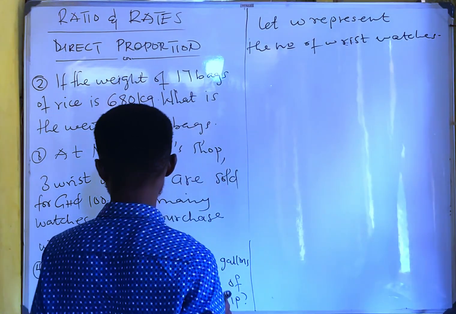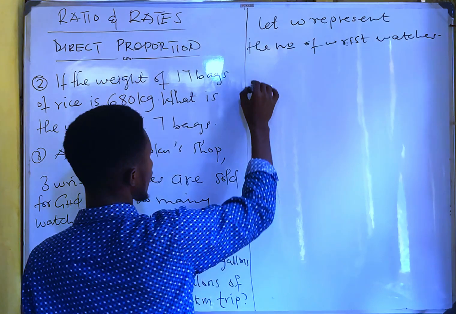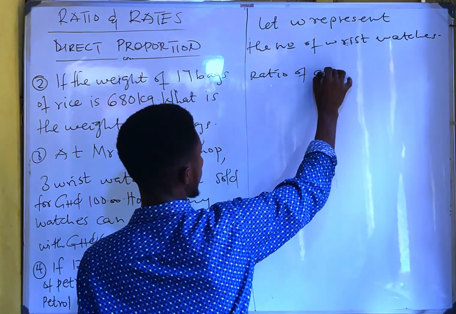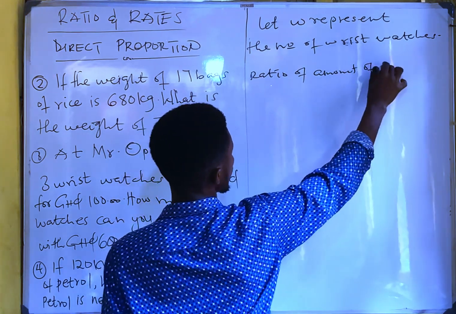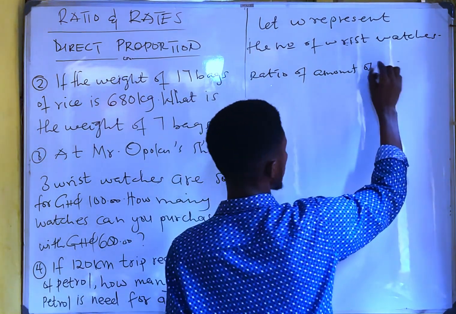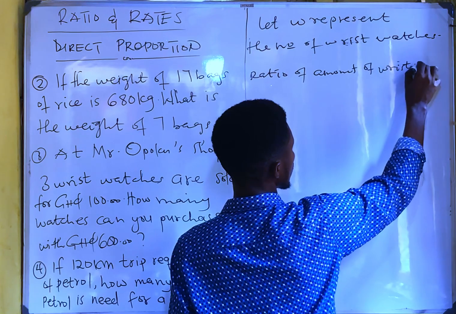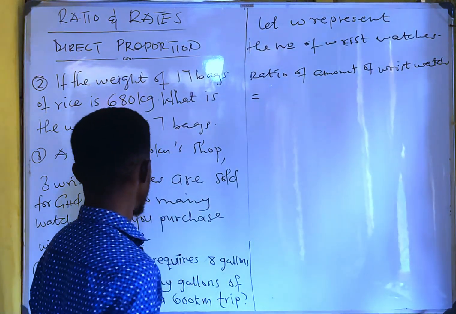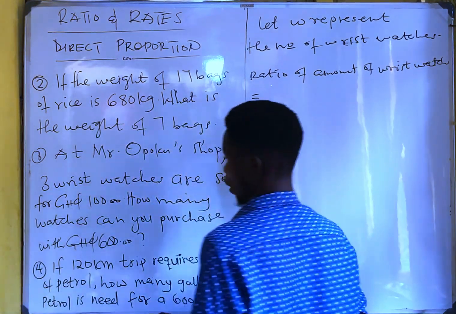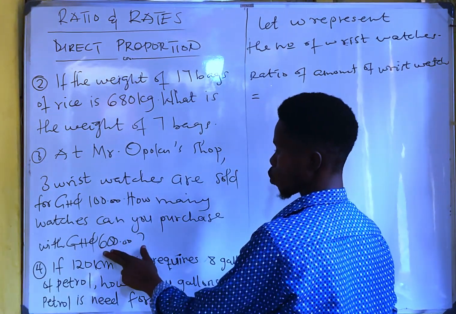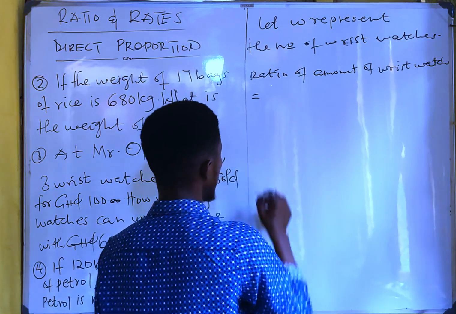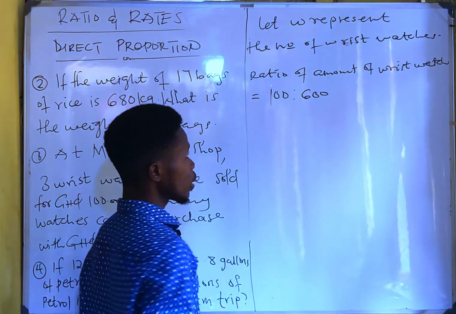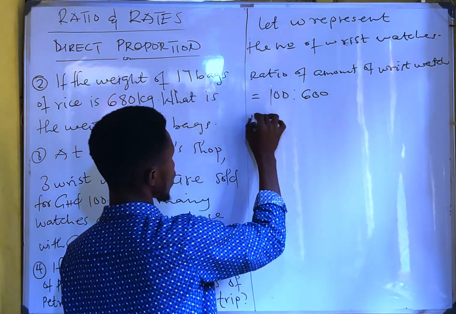Okay, so the ratio of the amount will be, you want to look at the amount, 100 is to 600. You have 100 is to 600. Is that okay?